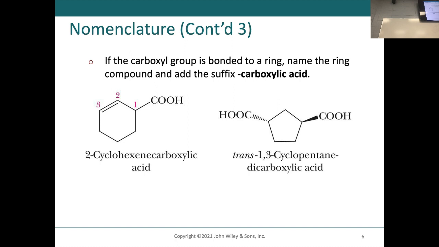This is a stereocenter. This is a stereocenter. But this will not rotate plane polarized light.